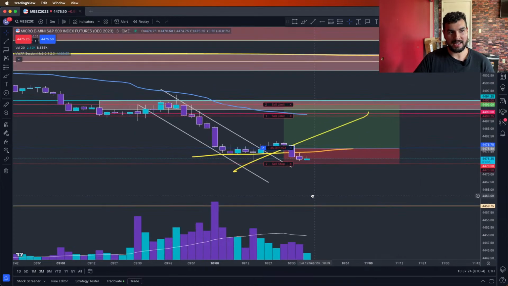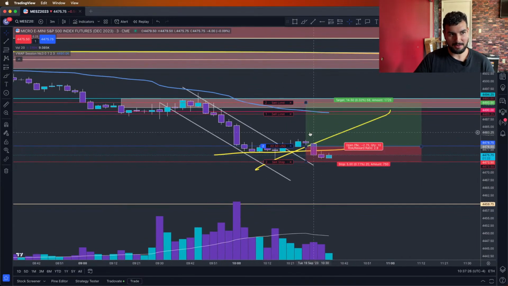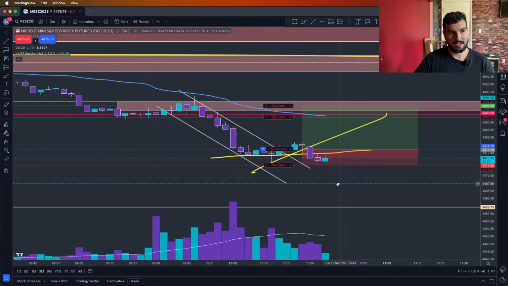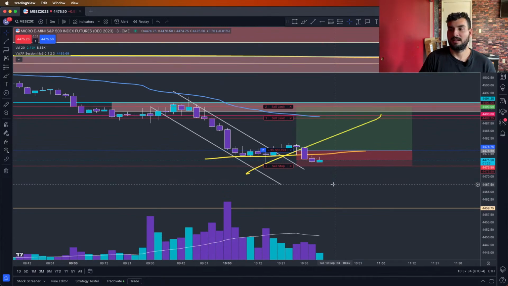So my plan was that if this is tapering, then I want to be riding the wave up to the retest. But it looks like we want to create a lower low, which would invalidate my thesis. This is why I would get out for a small loss.